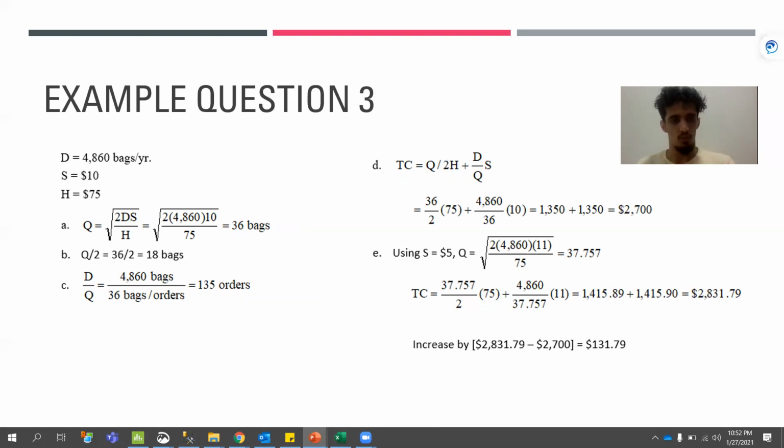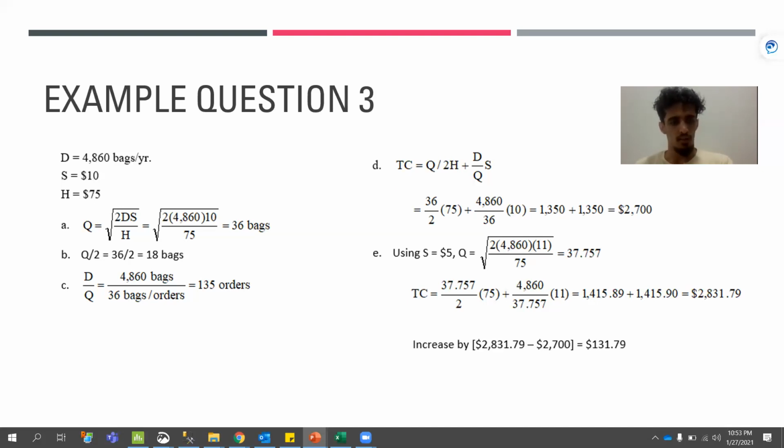So in point A, we follow this rule, Q equals the square root of 2DS divided by H. So Q equals the square root of 2 multiplied by 4,860 multiplied by 10 divided by 0.75, equal to 36 bags. In point B, Q divided by 2 equals 36 divided by 2, which is 18 bags.